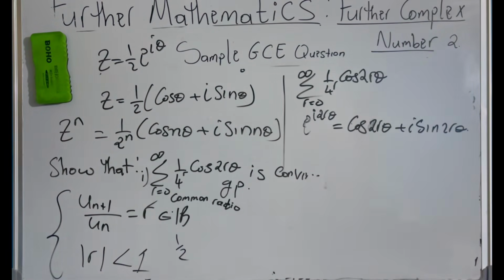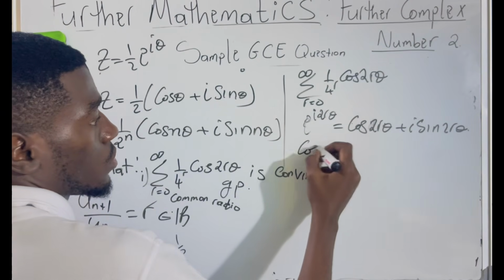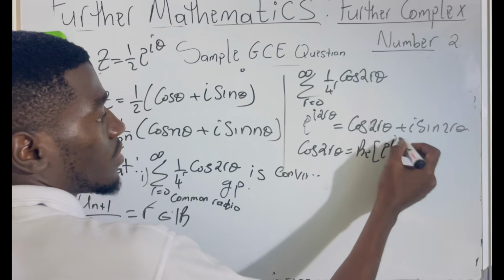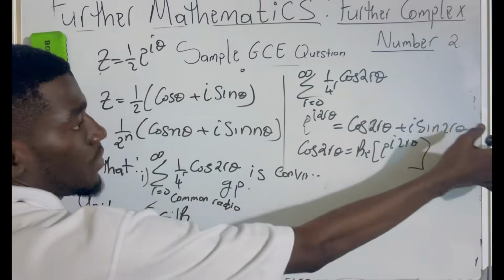Are we together? Now, we also know that cos r theta will be the real part. So, cos r theta is the real part of exponential of i r theta. We should understand, it's very important. This is the imaginary part, this is the real part.